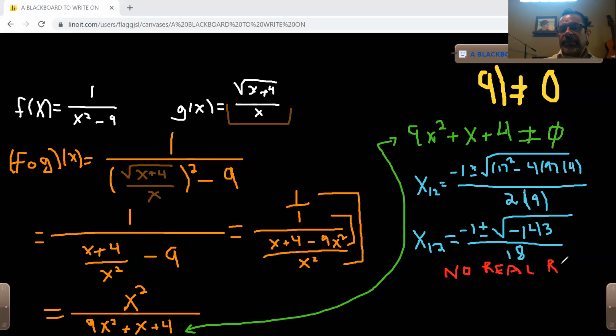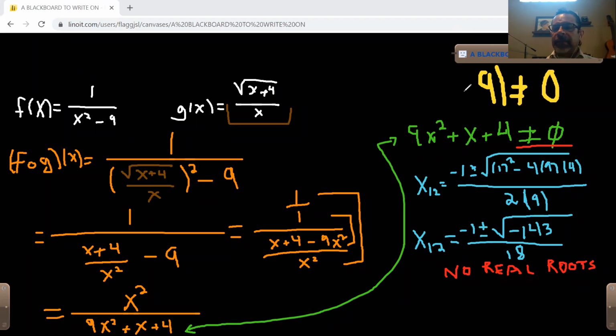It means that there are no real values that are going to make the expression equal to 0. Whenever we get an imaginary root, that means that there's no value that can make it 0. Or if this were a graph, it would also mean that the graph would never cross or intersect the x-axis. It would have no x-intercepts like we've mentioned.